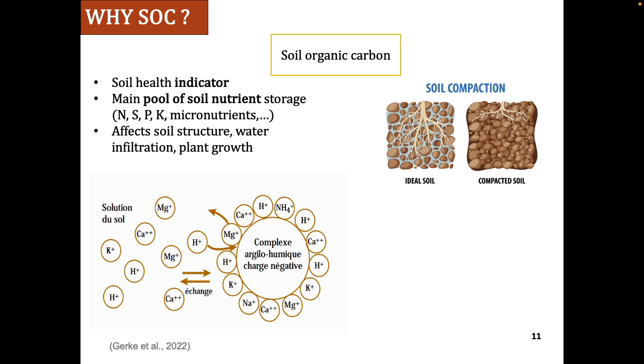That is the ideal. But here the growth of the root is not very good because of the structure of the soil, and that is related to the soil organic carbon.